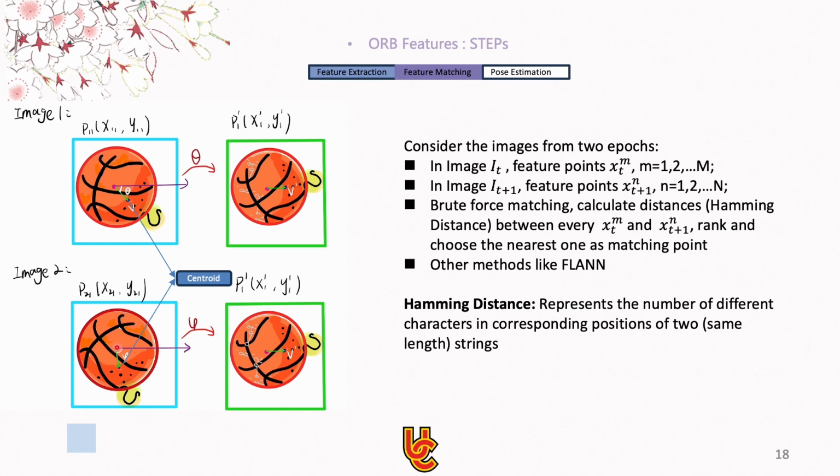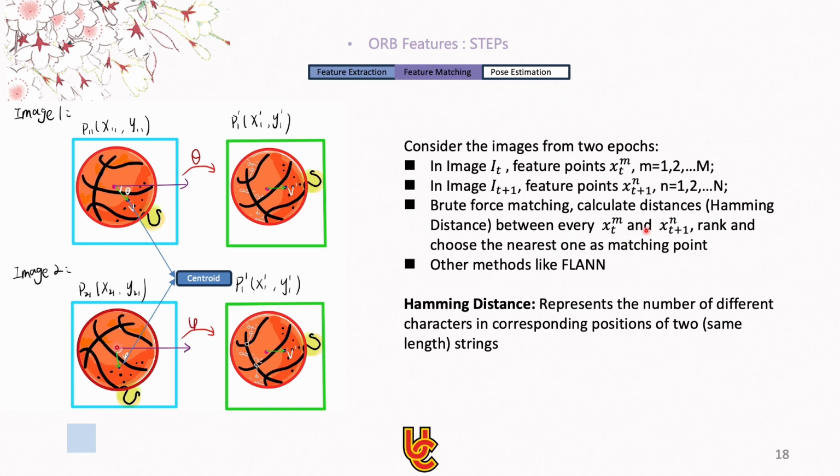After extracting the feature points and calculating the descriptors, we do the feature matching. Consider images from two epochs, the image at t, with feature points x_t^m, m equals 1, 2, 3, up to M, and the image at t plus 1, with its feature points here.